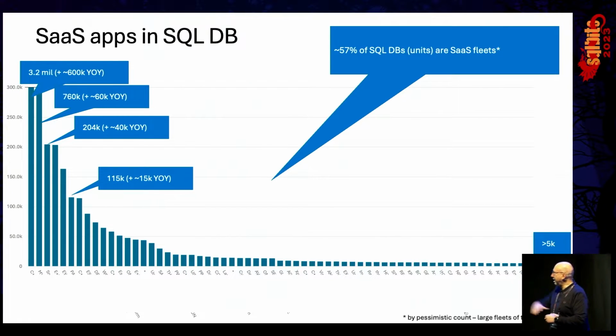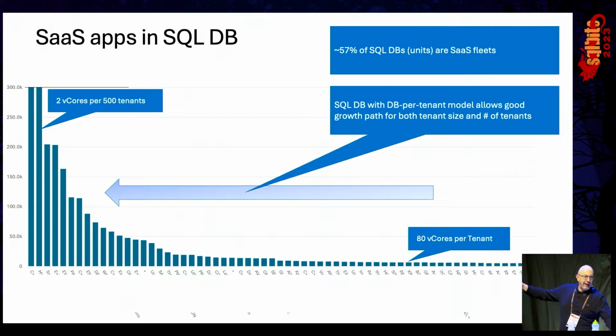I deliberately deleted the names here, but some of our internal and external solutions, third-party customer solutions running on Azure SQL Database are using hundreds of thousands of databases in their database tier, hosting those tenants in isolated databases that are typically pooled for saving money out of those fleets.